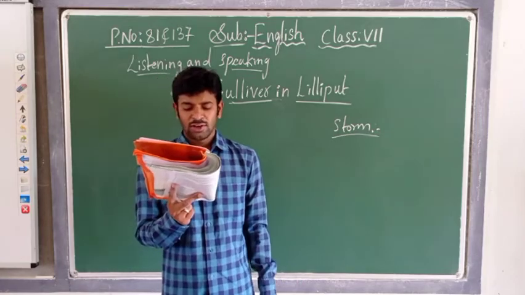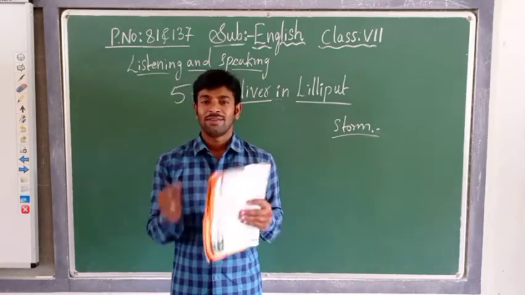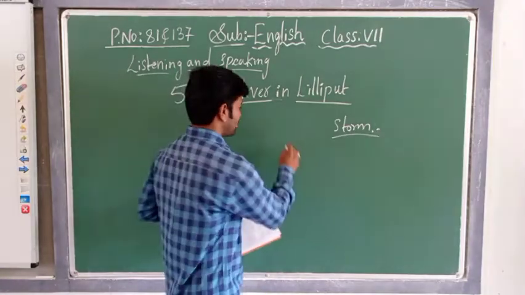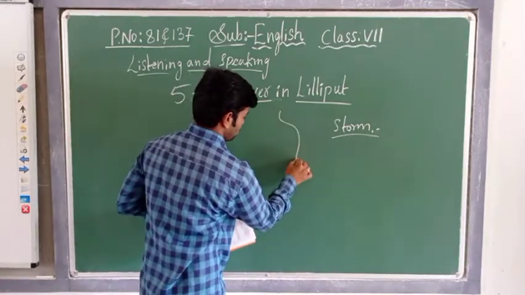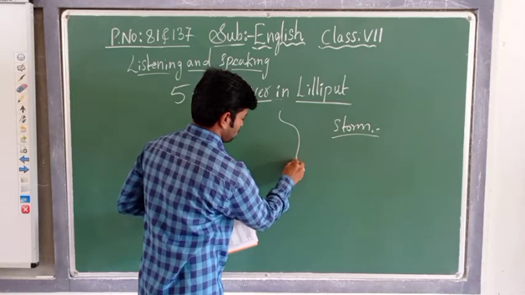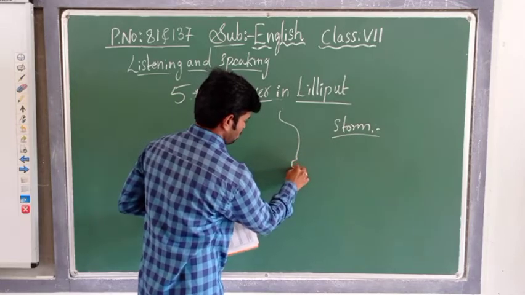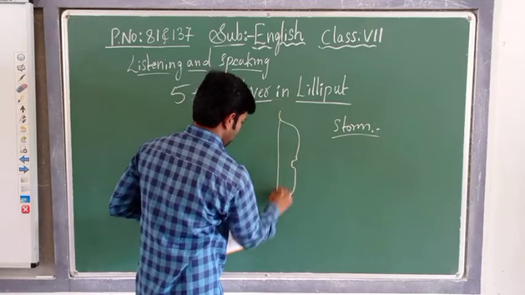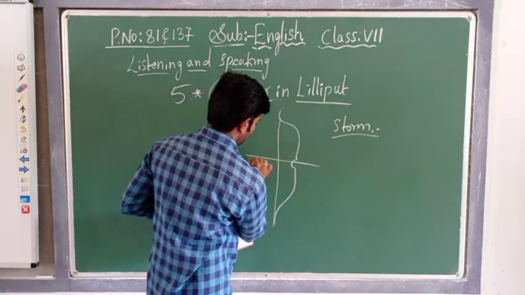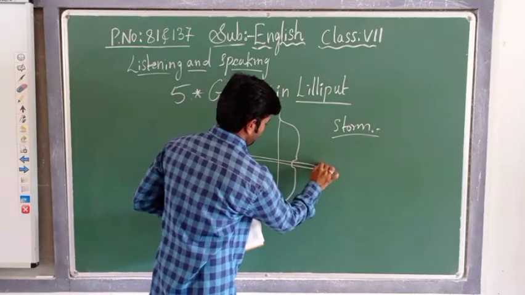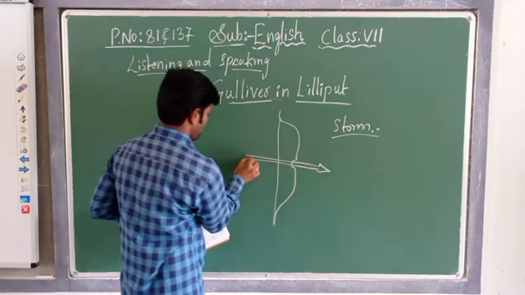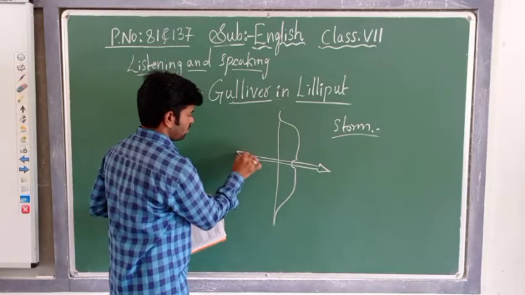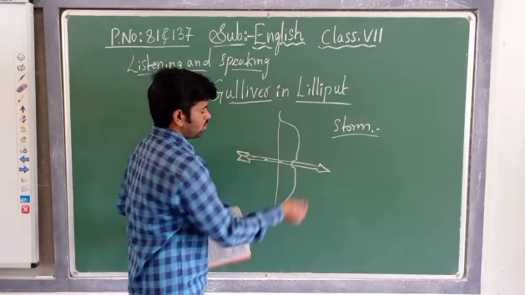But the arrows did not hurt Gulliver very much. Okay, children, this is the bow and arrow.